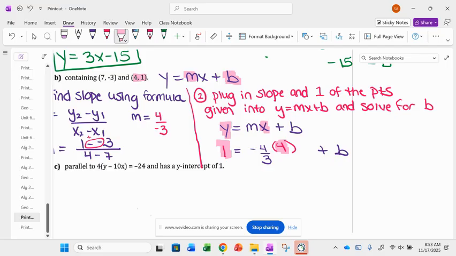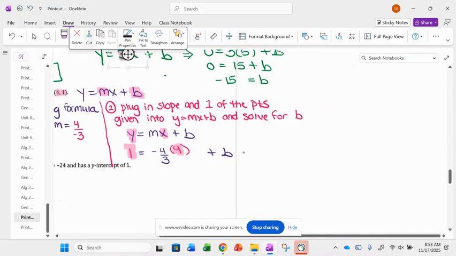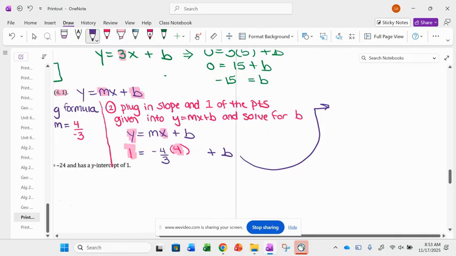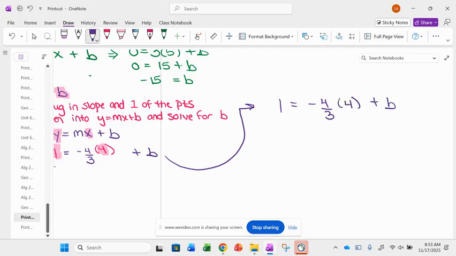All right, so now we're going to have to do some algebra work. So I'll bring it up here. I have 1 is equal to negative 4/3 times 4 plus b. So we need to just multiply across here. Negative 4 times 4 is negative 16. 3 times 1 is 3 plus b.